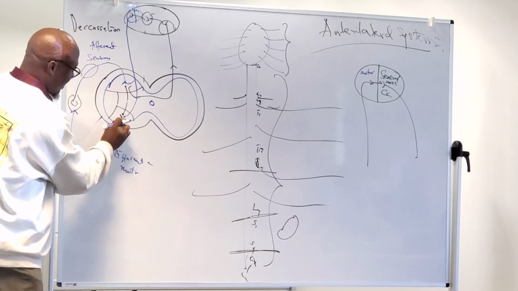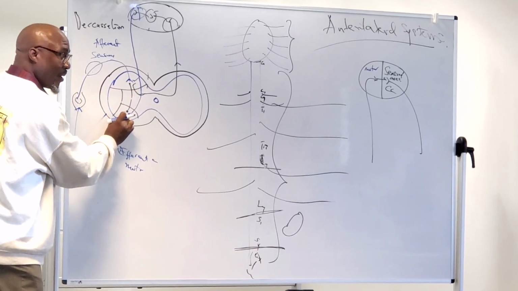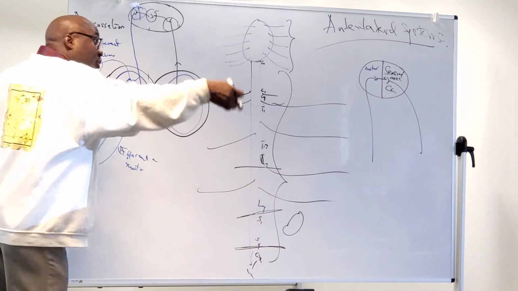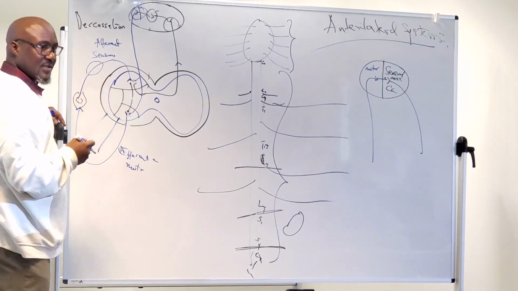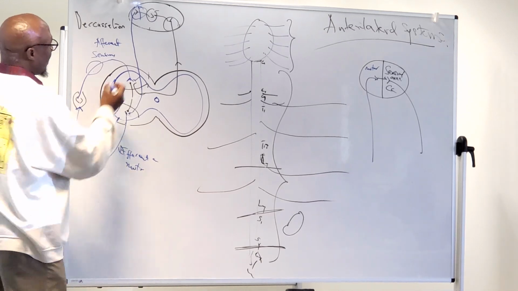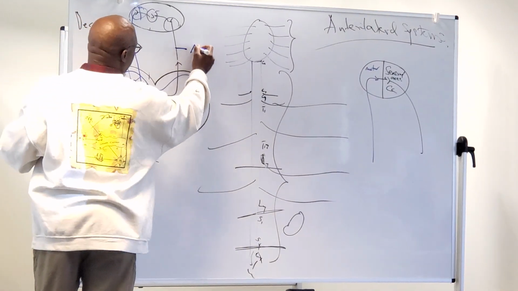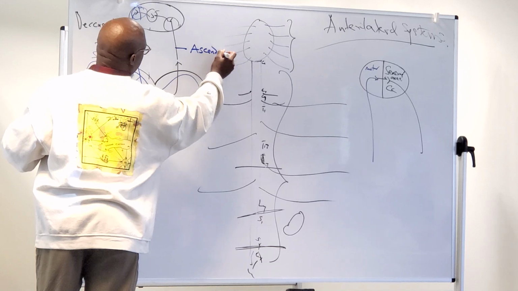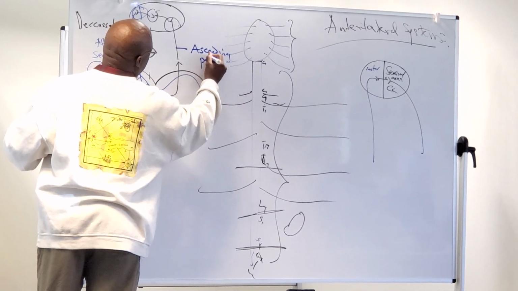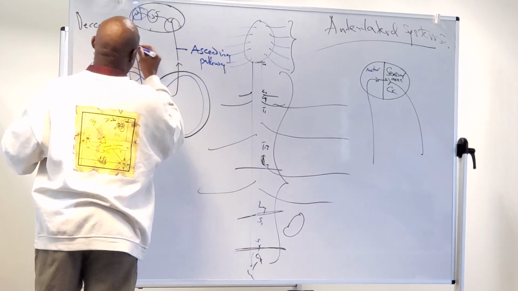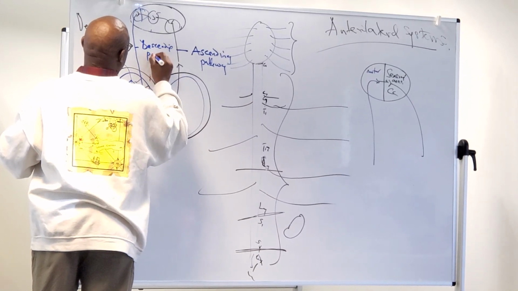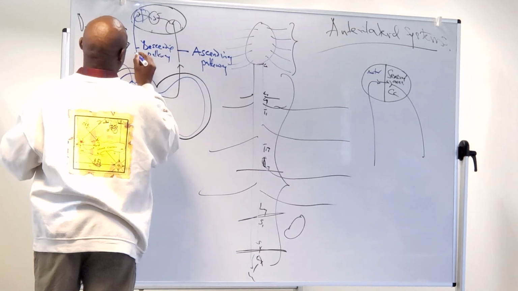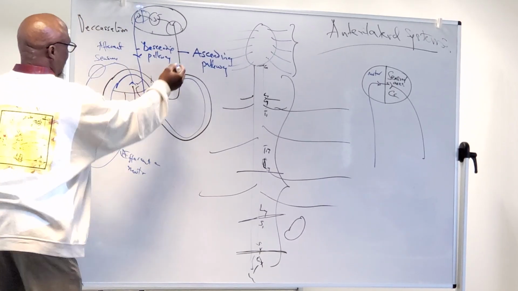It's not a must that it will come here definitely; depending on the function of that descending pathway, it may have to give collaterals to other places. Good. So what do we call this one? And we call this here. This one.